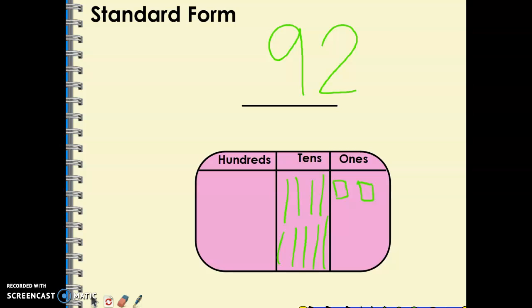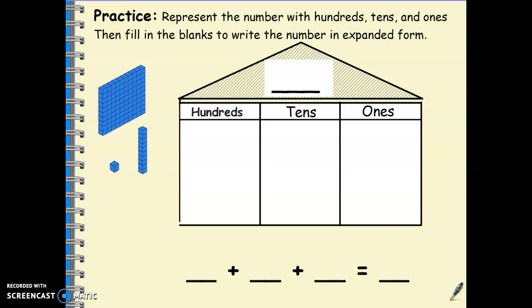Let's move on to the next one. Alright, so this one says represent the number with hundreds, tens, and ones. Then fill in the blanks to write the number in expanded form. My number is going to be 112.